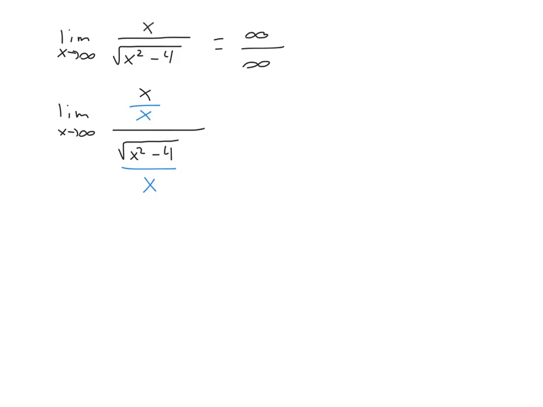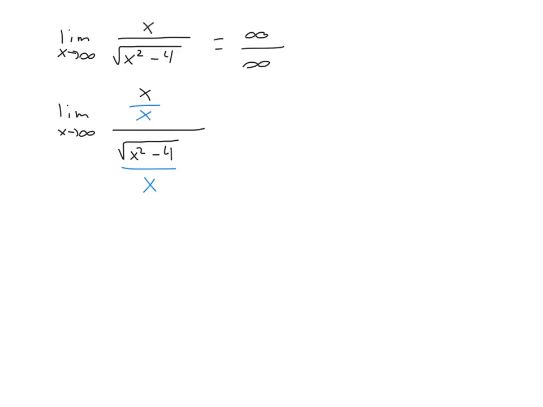And what we're going to do is modify that. We're going to take this x and bring it inside the square root, which means that when we pull it inside, it's going to end up being an x squared.